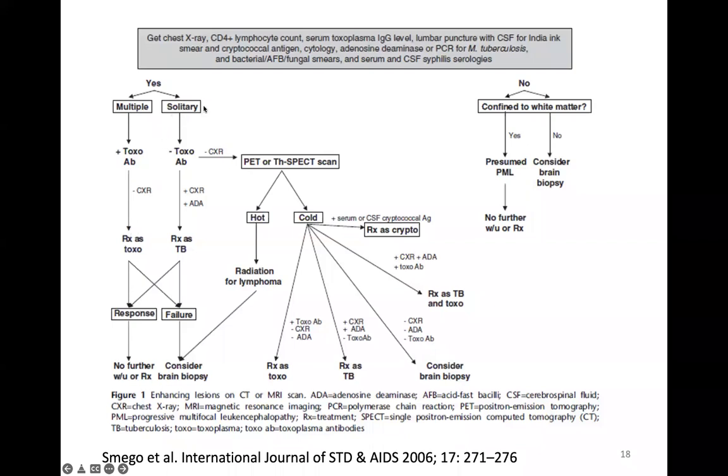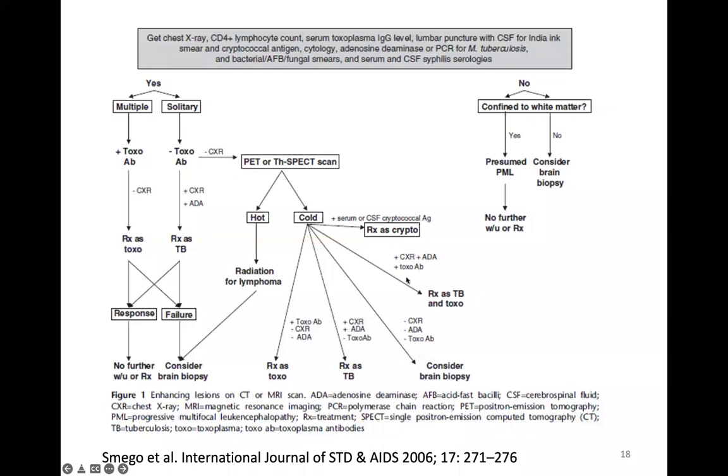Now, if you are dealing with just one solitary brain lesion and your toxo antibodies are negative and you think TB is also unlikely, this protocol recommends that a patient gets a PET scan. If it's hot, you are thinking this is probably primary CNS lymphoma, which is a common thing for patients with CD4 counts less than 50. If it's cold, then it tells you you're not dealing with malignancy.